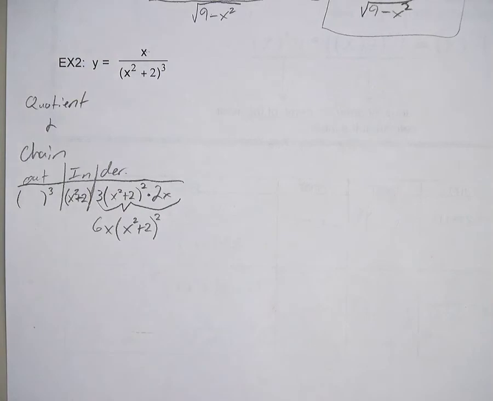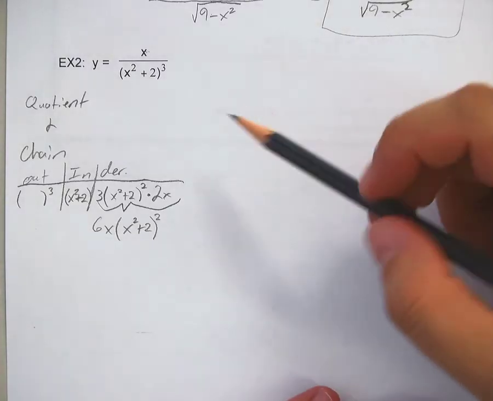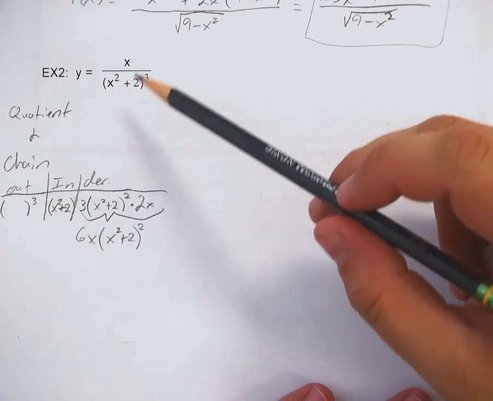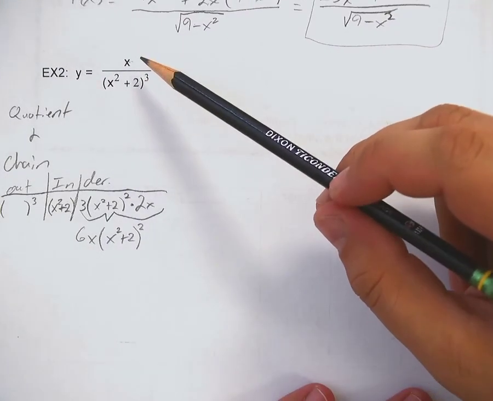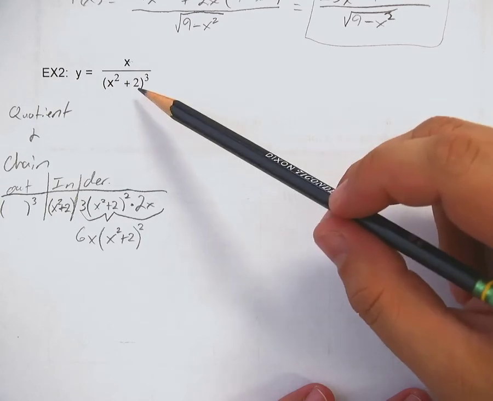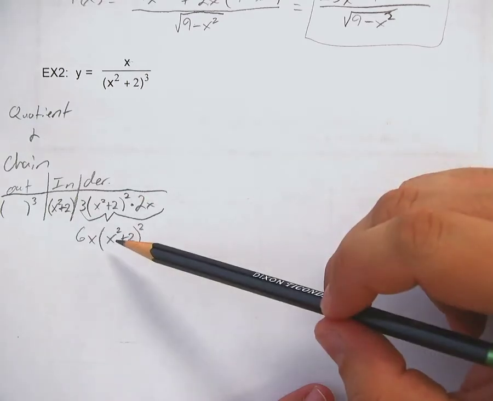This derivative simplifies to 6x times x squared plus 2 squared. Okay. So when I go to do my quotient rule now, when it's bottom d top minus top d bottom, that d bottom is going to be this guy right here.